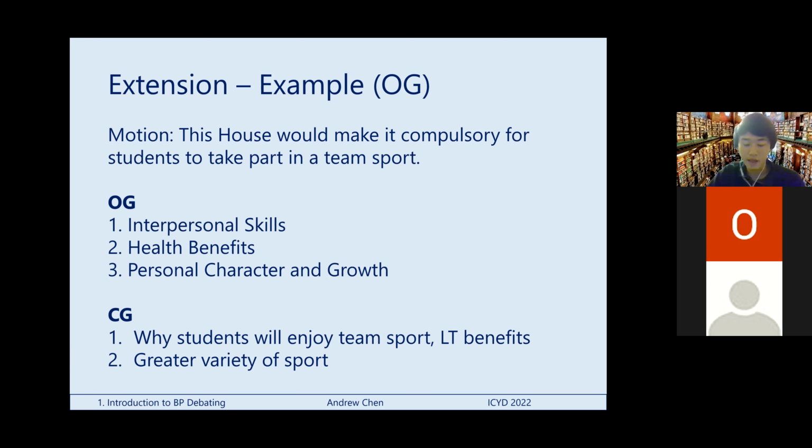Maybe you have another point about a greater variety of sport, not just being really competitive, because that's not what everyone wants. You might have more social sport, you might have more less popular sports becoming more popular as a result of this policy and individuals taking part in them. So those are just some examples of how, even if OG has taken all of the fairly obvious material within the debate, you still can try to come up with an extension of something that's meaningfully new.